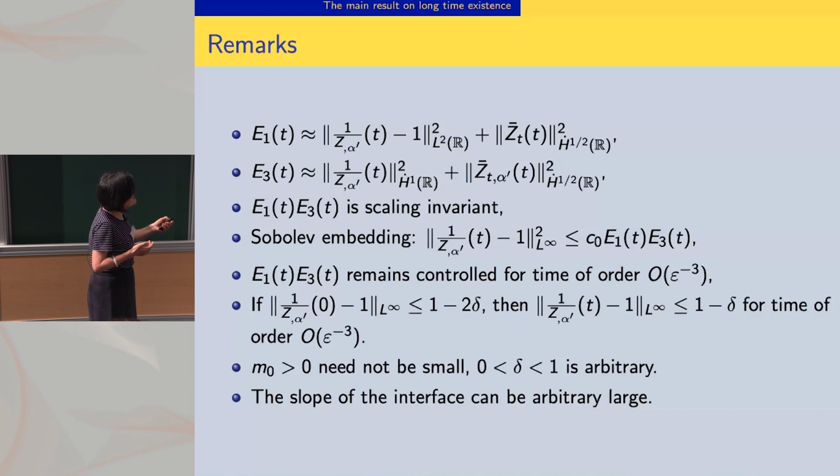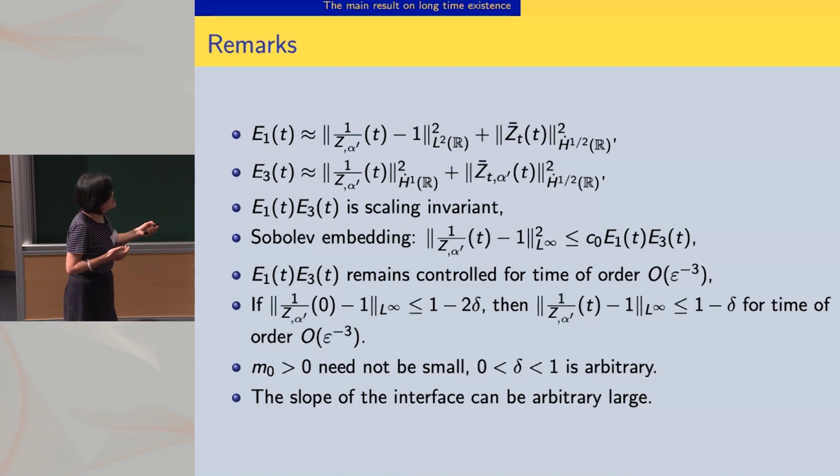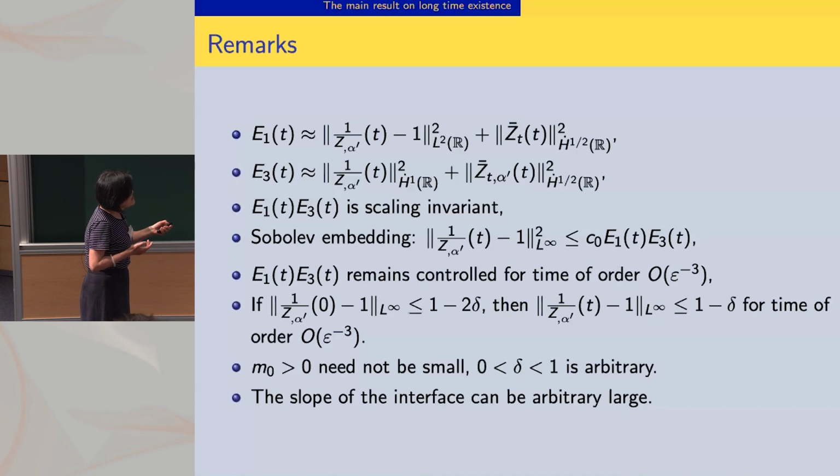If I can control this for time epsilon minus 3, then I can control this for time epsilon minus 3. This is exactly why I'm making the assumption here. I really need this to be less than 1 for that much time. If this quantity is less than 1 minus a little bit, then it remains 1 minus a little bit for time of order epsilon minus 3, thanks to the right-hand side.